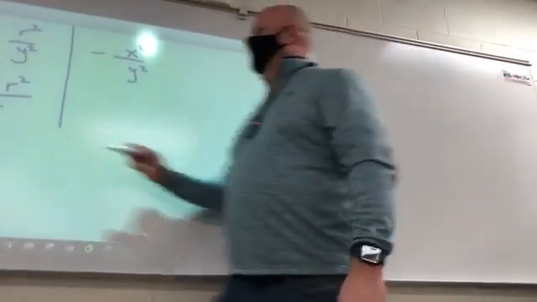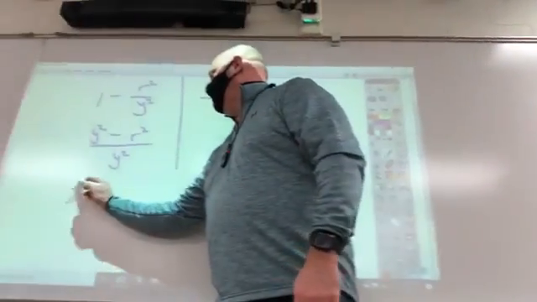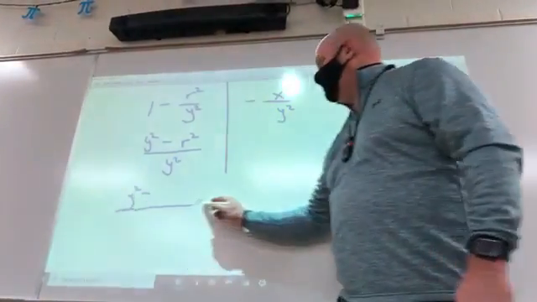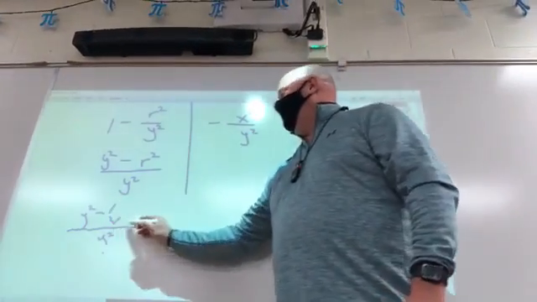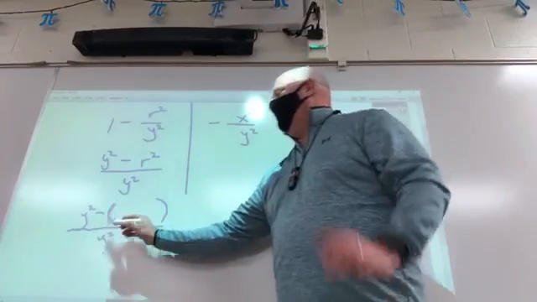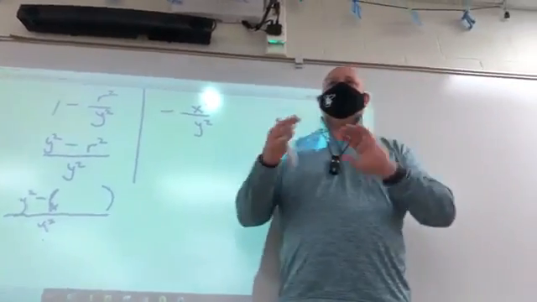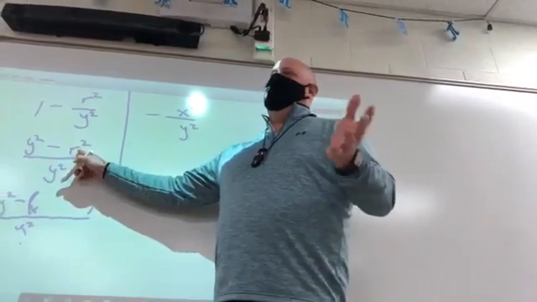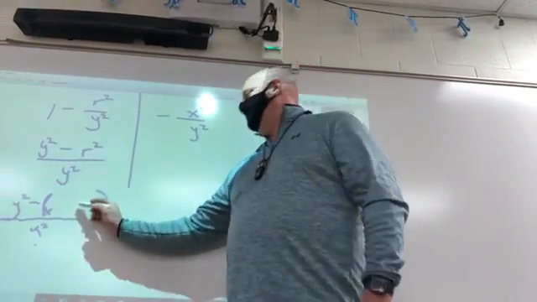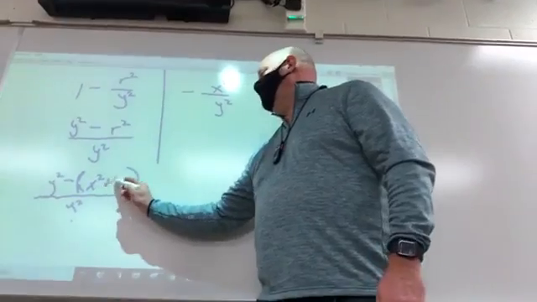So I can make a substitution right here and say I have y squared minus, but instead of r squared, I'm going to replace that r squared. And yes, I need to use parentheses because of the whole minus. I got to distribute the negative there. Instead of r squared, I'm going to replace that with x squared plus y squared.